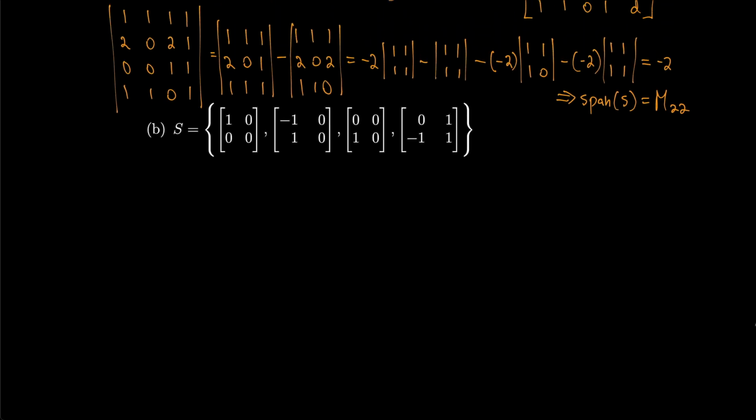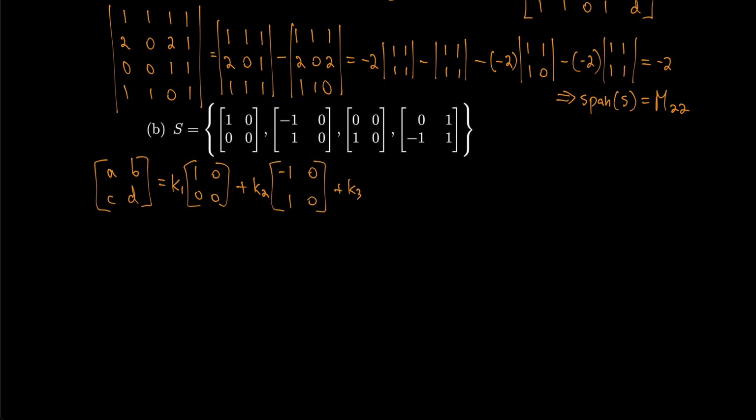So again, we'll write an arbitrary matrix, A, B, C, D. We'll set that equal to K1 times 1, 0, 0, 0, because that's our first matrix in this example, plus K2 times minus 1, 0, 1, 0, plus K3 times 0, 0, 1, 0, plus K4 times 0, 1, minus 1, 1.